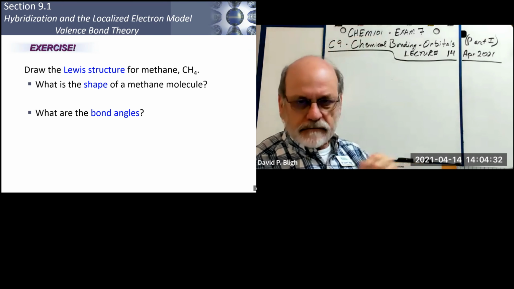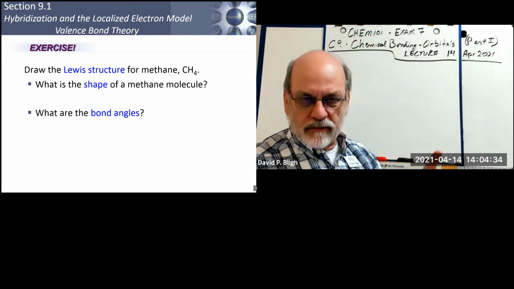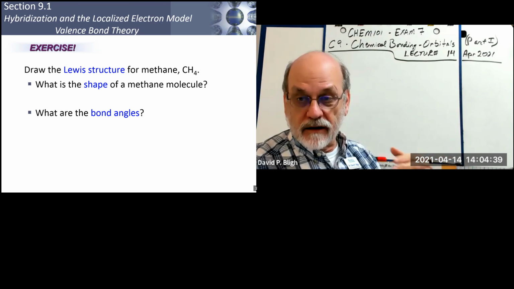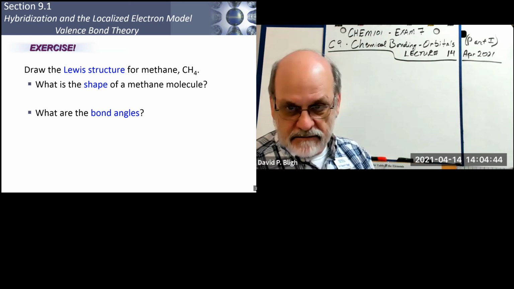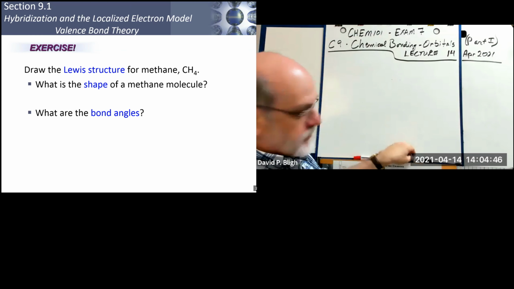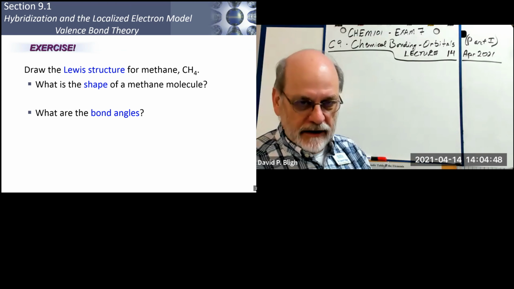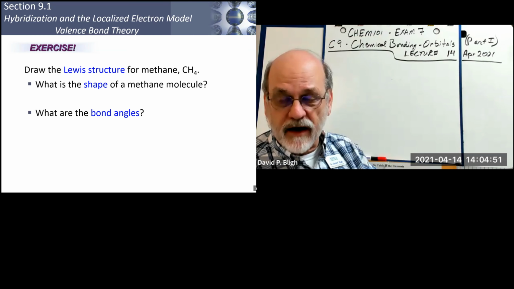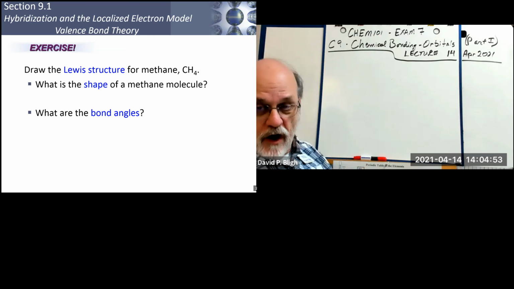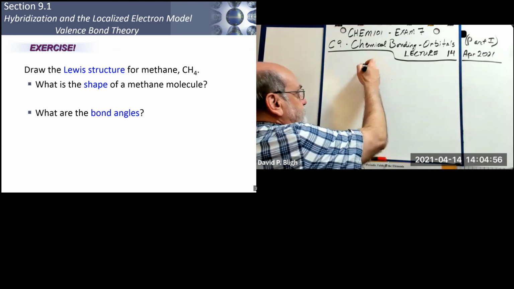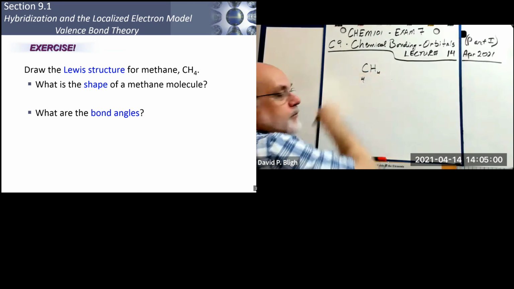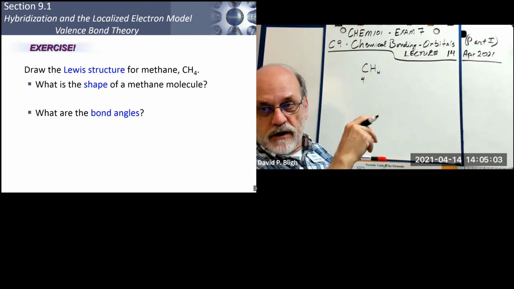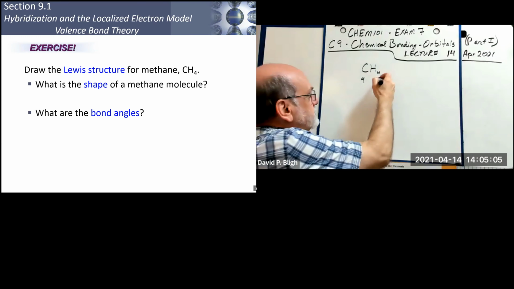Okay, so here's the problem that the localized electron model encountered. We're going to use methane as an example. It happens several places with different compounds. Methane is a covalent compound, and if we draw the Lewis structure, we have 4 electrons for that carbon, and then 4 electrons for the hydrogens because there are 4 of them.